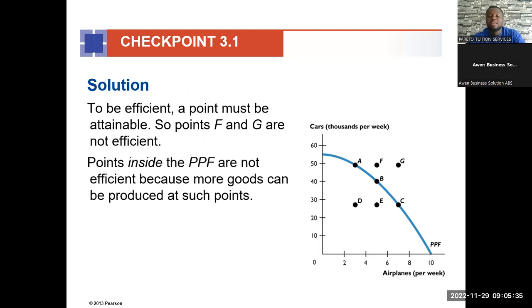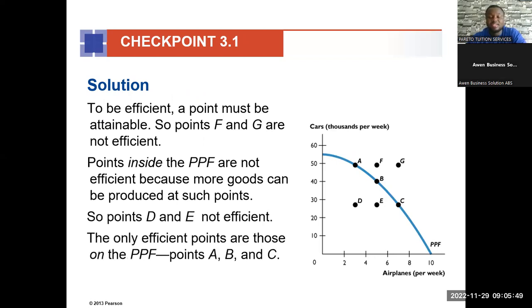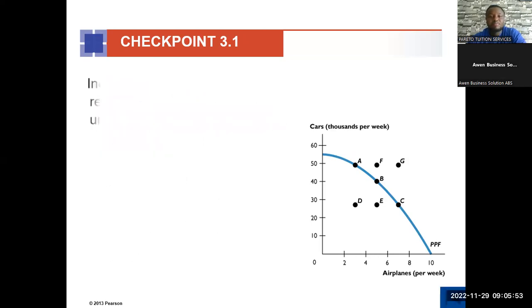So we can only have efficient and inefficient ones when they are either inside the PPF or on the PPF. So the efficient ones, as we said, are the ones on it, A, B, and C, and then the inefficient ones are the ones within, that's the D and then E. Okay, very good.